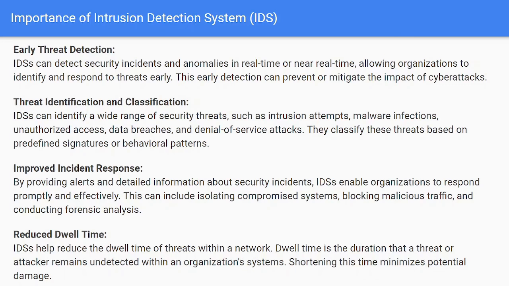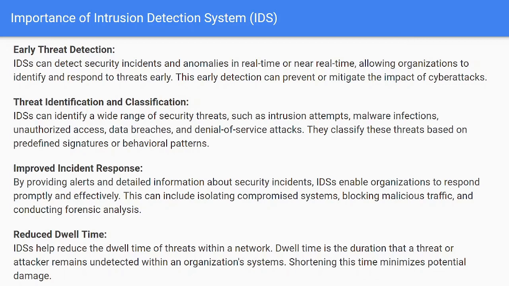And the next one is threat identification and classification. IDS can identify a wide range of security threats such as intrusion attempt, malware infection, unauthorized access, data breach, denial of service. So basically, it has a wide range of detection spectrum. You get, so it can detect a wide range of activities or threats.